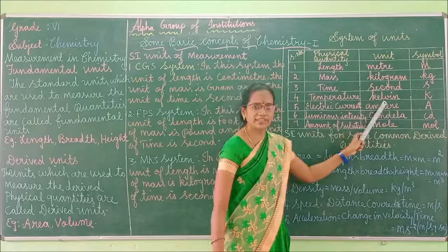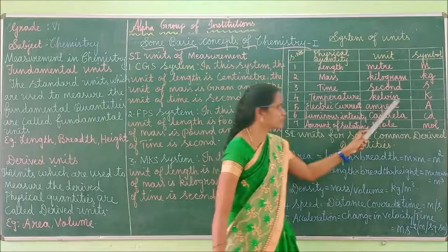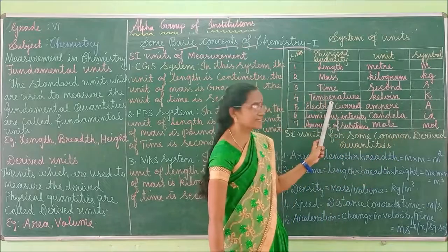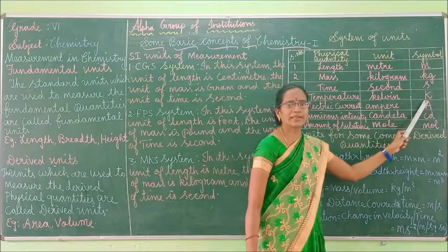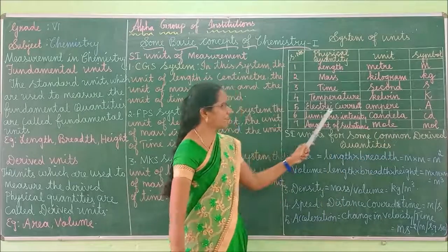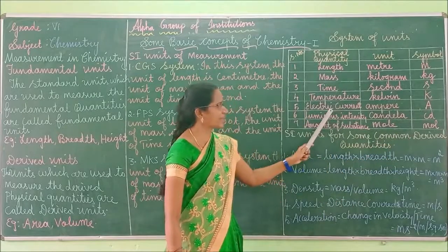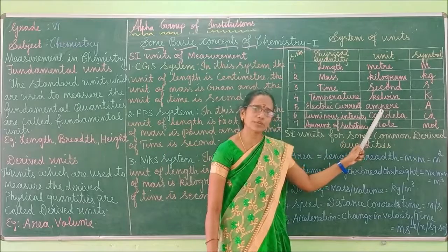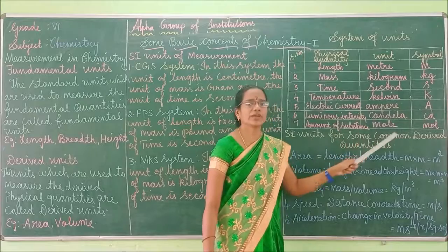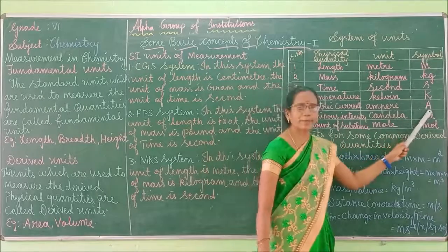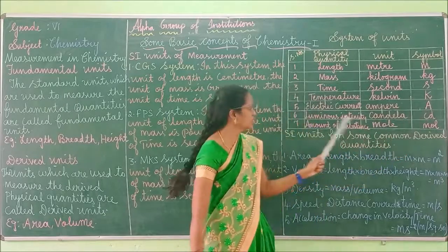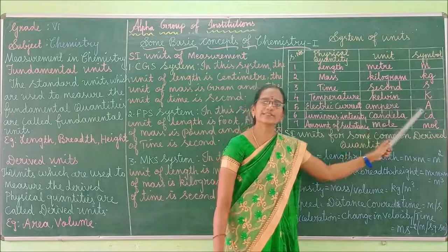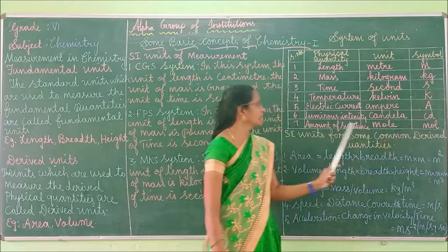What is the symbol of temperature? Capital K. Next one is electric current. Electric current is measured in ampere. Ampere is also the name of a scientist, so we have to use the symbol capital A. Got it, children? Electric current is measured in ampere and its symbol is capital A.